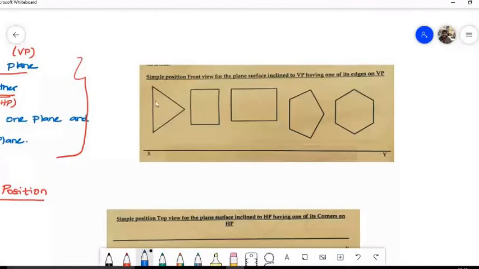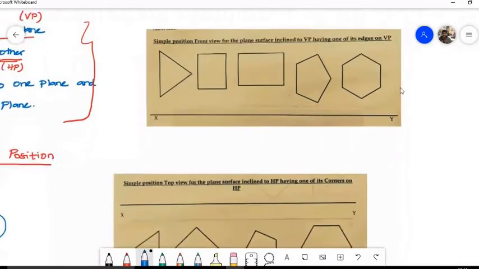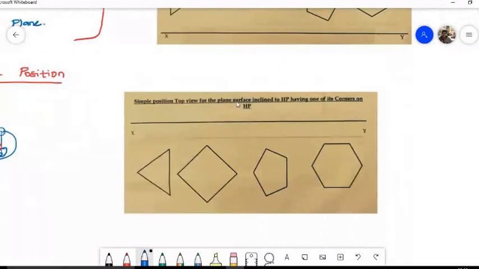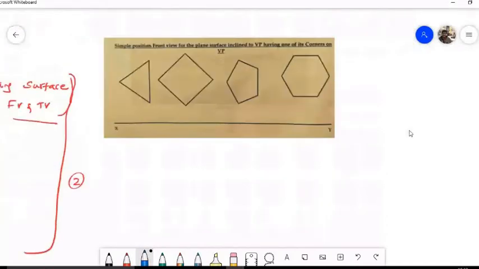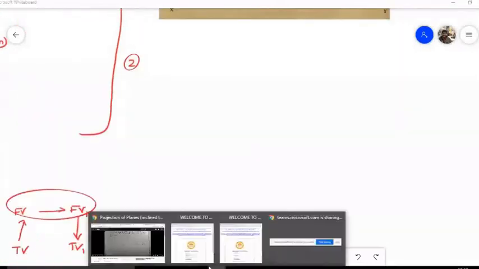So that means, in the left hand side, the edge should come something like this. Always in all the problems, you look at here, the left hand side, you could see an edge. Whereas if a corner is on HP, then in the left hand side, one corner should come. Okay. So I'll share these images to you. Let's see how to solve this.